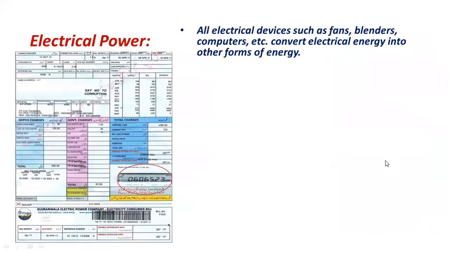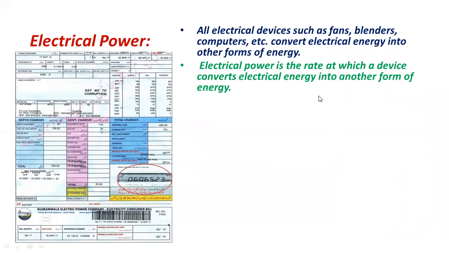All electrical devices such as fans, blenders, computers, etc., convert electrical energy into other forms of energy. Electrical power is the rate at which a device converts electrical energy into another form of energy. So that rate is called electric power.